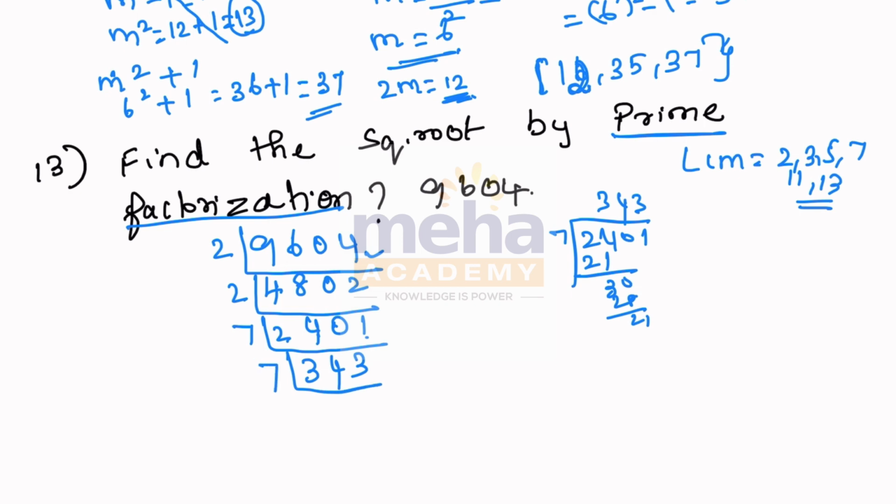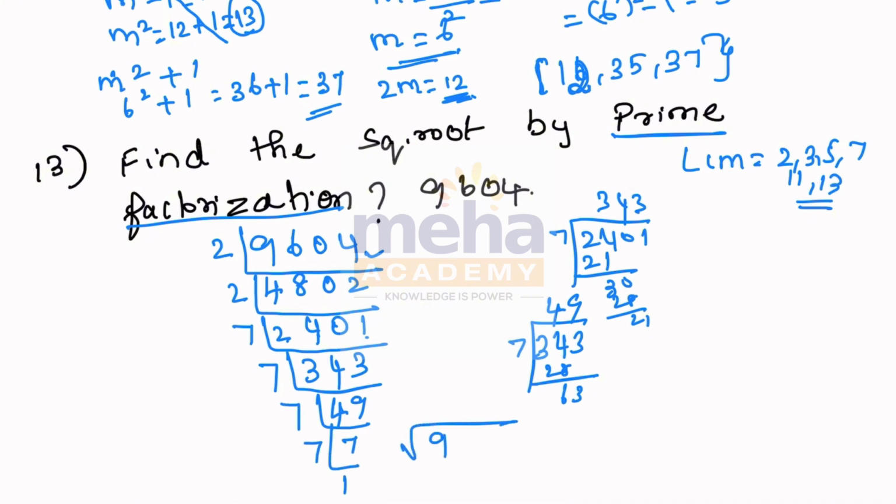Again this goes in the 7 table. 7 4s are 28, and 7 9s are 63, giving 49, again 7 table, 7 7s are 49. So the square root of 9604 is given by writing under the square root all the factors, 7 and 4 2s.